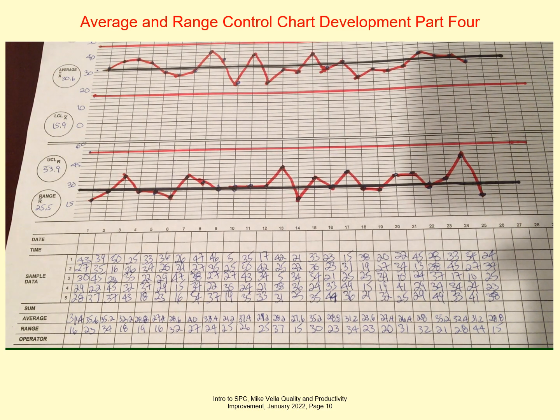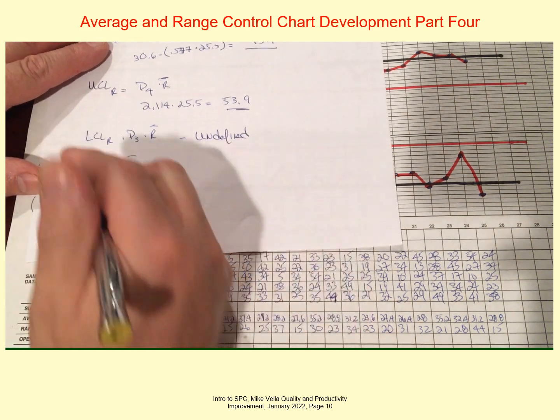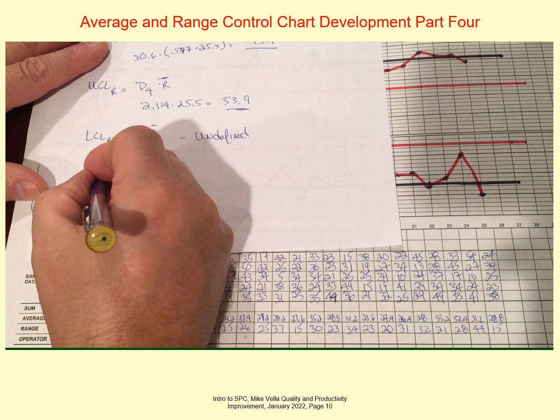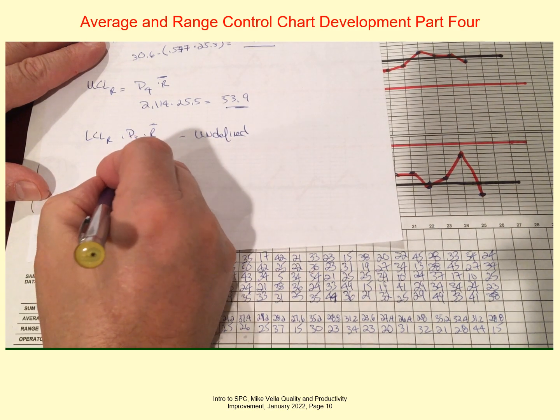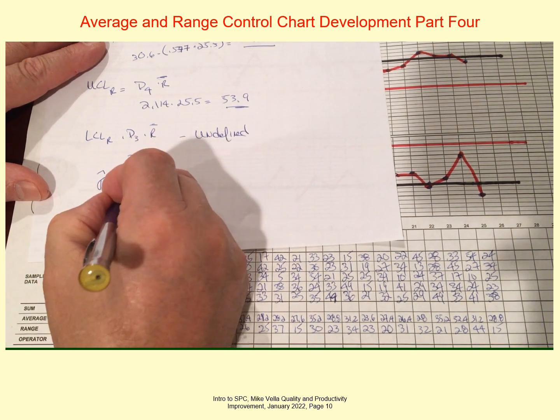So what we've done here is plotted our points. You can see that all the points on the average chart fall within the control limits, and all the points on the range chart fall within the control limits. So we can say at this point the process seems to be stable, and so we now can go to our next calculation, and that is the estimate of the standard deviation, since these are samples. The estimate of standard deviation, and that term is sigma, and since it's of a sample, we put a little hat on there, is R bar divided by small d2.